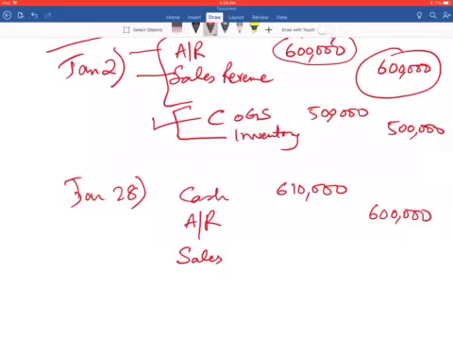We can call the entry sales discount forfeited. Forfeited means not taken. Sorry about that, my mistake. It's a credit of $10,000.